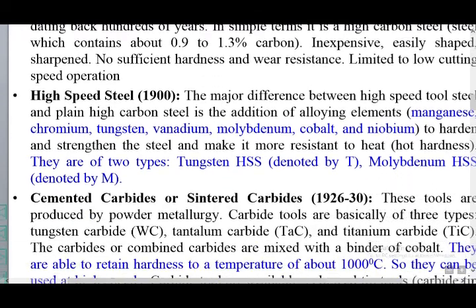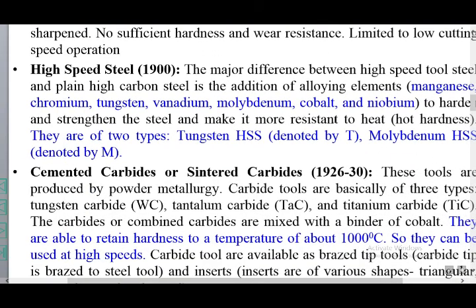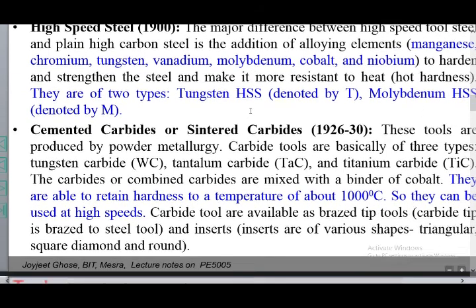High speed steel is HSS. It contains elements such as chromium, tungsten, vanadium and molybdenum: 18% tungsten, 4% chromium, 1% vanadium. It is called high speed steel and is mostly used in high speed machining. Next, cemented carbide steels.